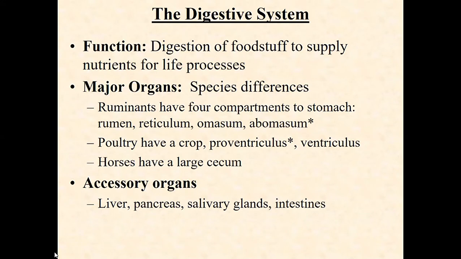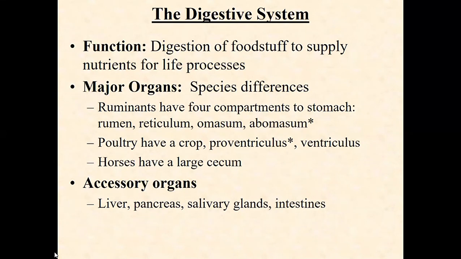So ruminants have four components. You have the rumen, reticulum, omasum, abomasum, which is the true glandular stomach. Poultry have a crop, proventriculus, which is the glandular stomach for fowl, and the ventriculus.